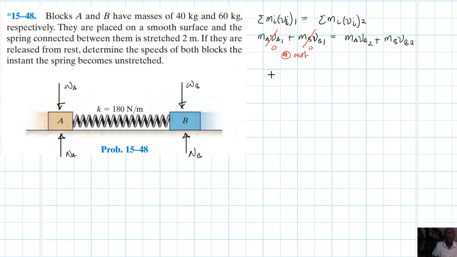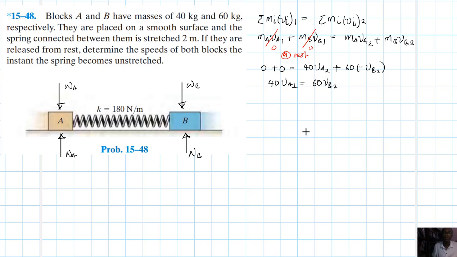Therefore, it is 0 plus 0, which is equal to 40 vA2. Since this is stretched, we expect this one to move this direction and the other one this direction, so we'll say plus 60 vB2 with a minus sign. So we'll have 40 vA2, which is equal to 60 vB2.